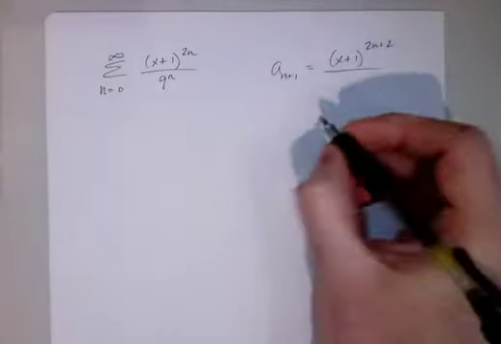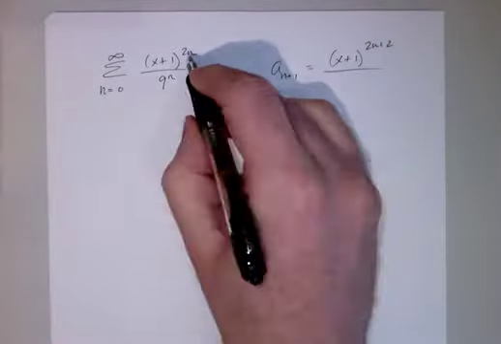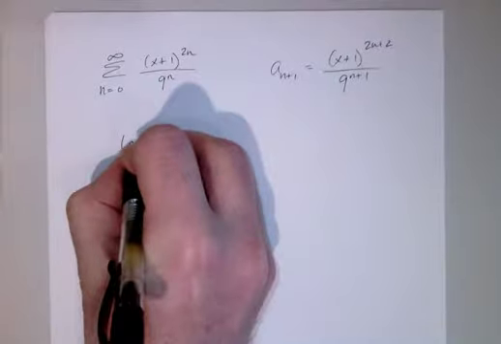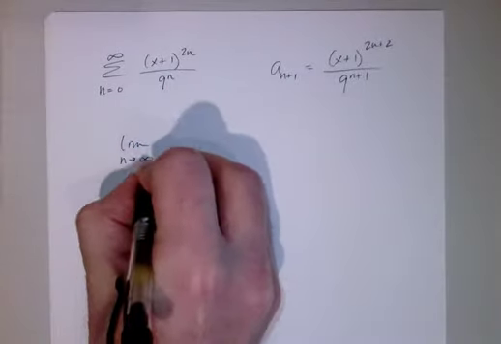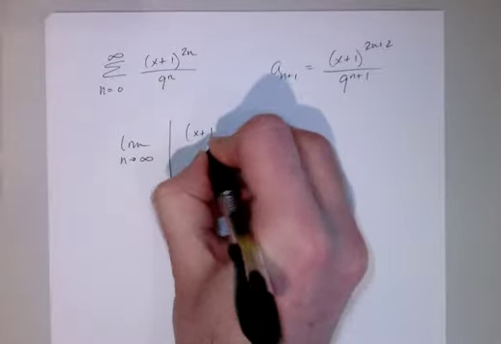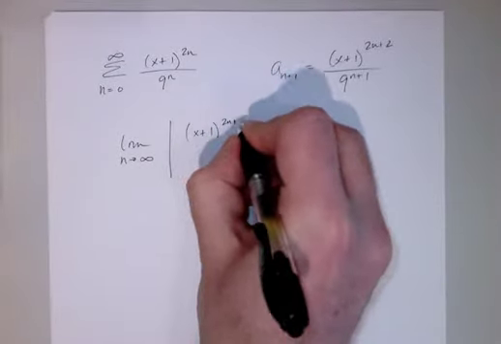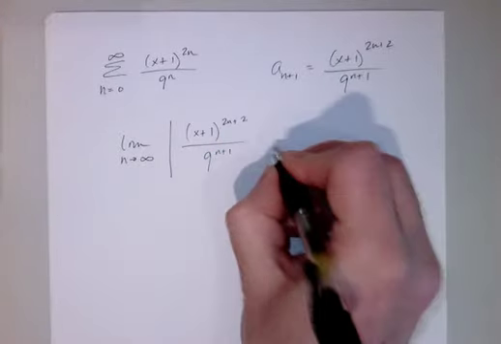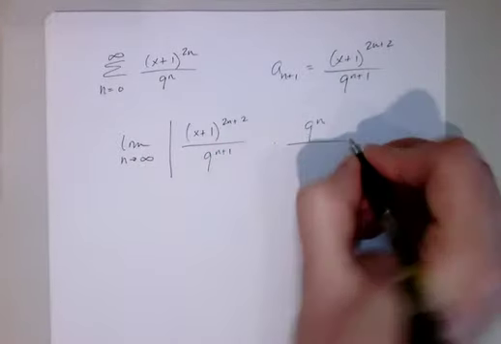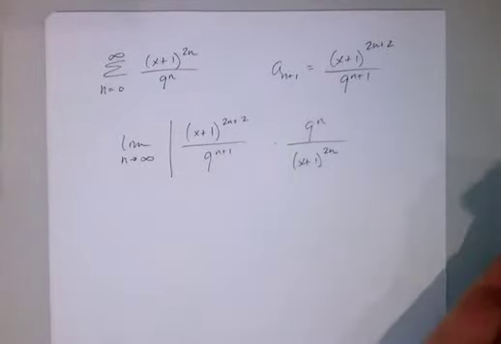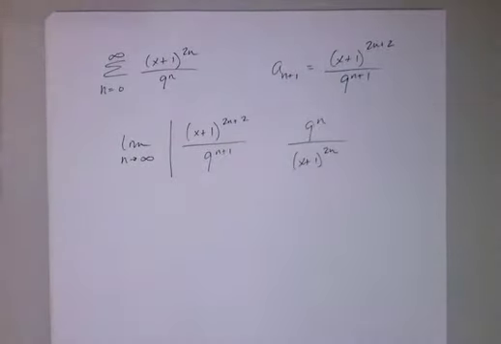Because you have to distribute the 2 across the n plus 1 that you're plugging in for the n, and 9 to the n plus 1. So we want to do the limit as n approaches infinity of (x plus 1) to the 2n plus 2 over 9 to the n plus 1, all that over (x plus 1) to the 2n over 9 to the n.